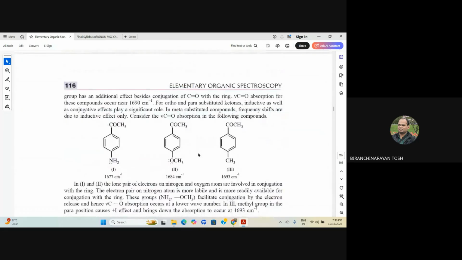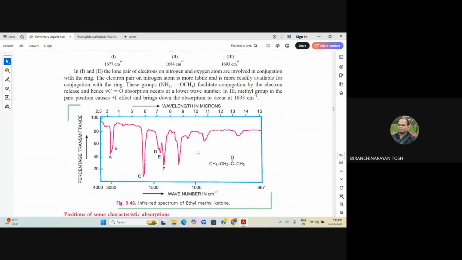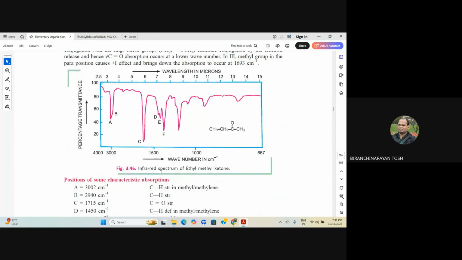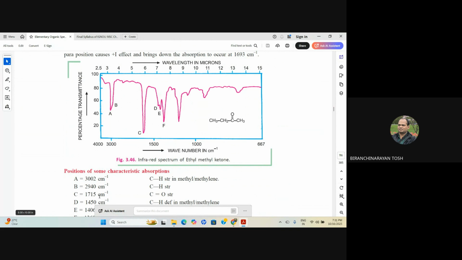Another example we'll see is ethyl methyl ketone. There is no tautomerization, so around 1700 we are getting a sharp peak. You can see here 1715, that is C double bond O stretching. The rest is the same: CH stretching in methyl, around 3000 and 2940.